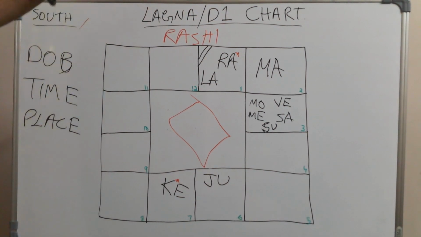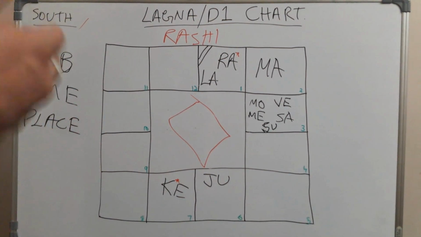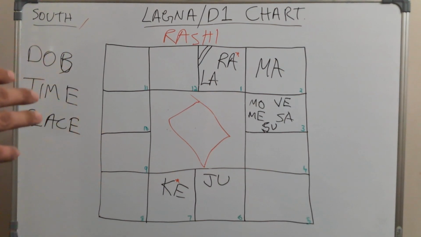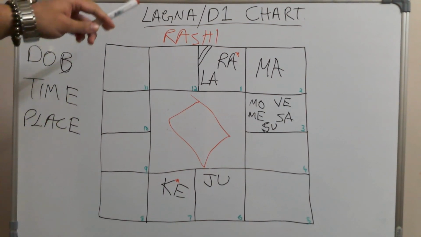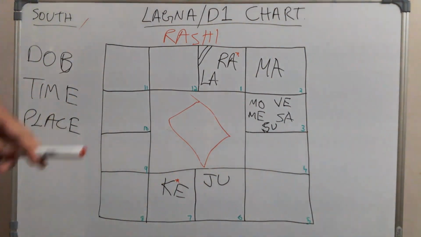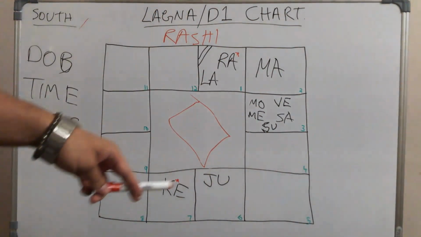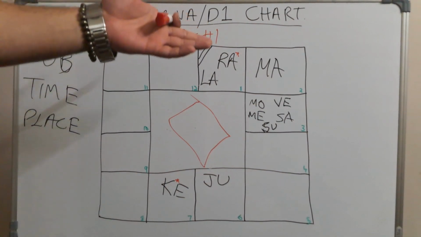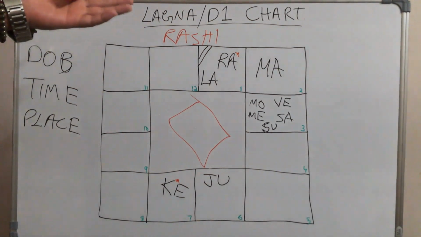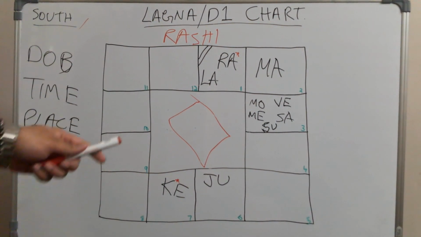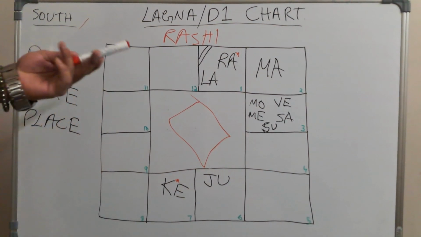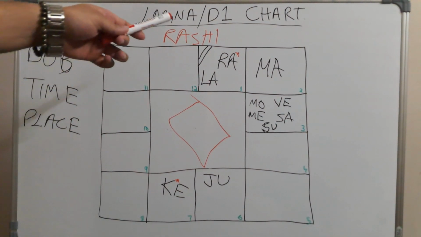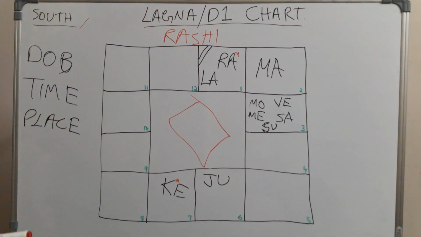There are many more charts which I'll explain one after the other when I feel it's right to go into those charts. For now, to keep things as simple and as easy as possible, just try to open your own chart and see where your planets are situated. Yeah, I think this much is enough. From the next videos, I will cover each planet's representation or signification, which is very important.